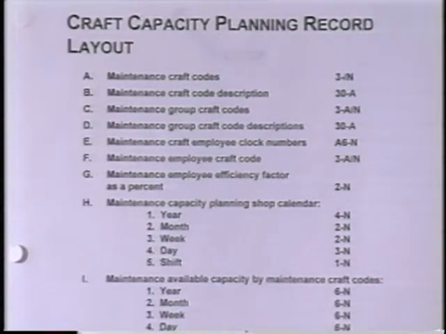I have worked with some companies where they had in excess of 300, and in a few cases more than 400 different employees in the maintenance operation. So those craft codes represent the ability to go up to 999 different employees in the craft operation.